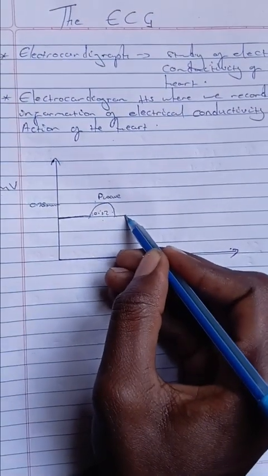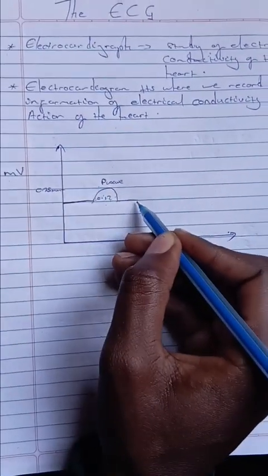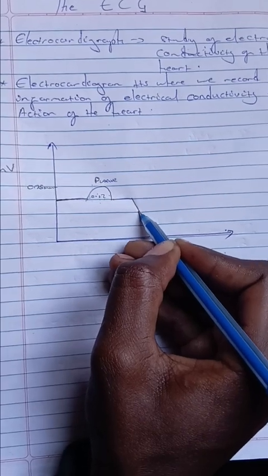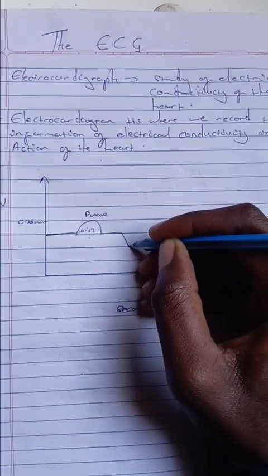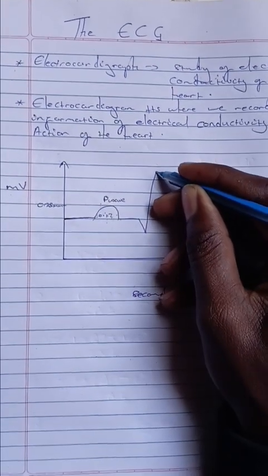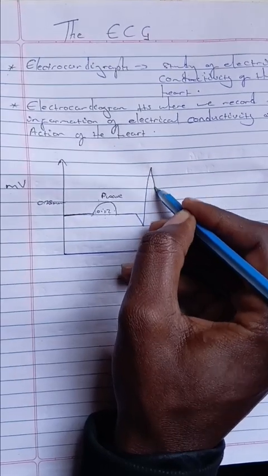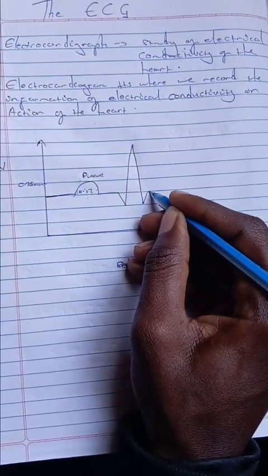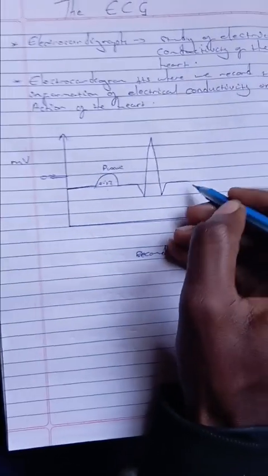So from P wave, we are going to have a Q wave here. Then from Q wave, there is an upward deflection, and then the deflection returns back again. Now we are going to T wave.